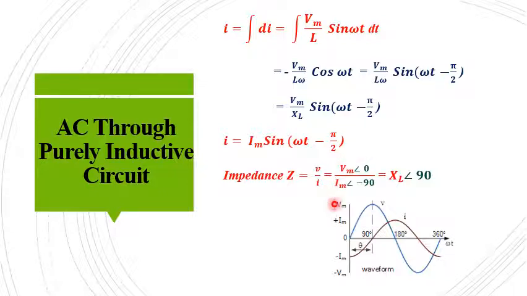That means the current is delayed by an angle of 90 degrees. So only after 90 degrees does the current waveform start. This is your current waveform, Im sin omega t minus 90 degrees. Let's see the phasor diagram at omega t equal to 0.